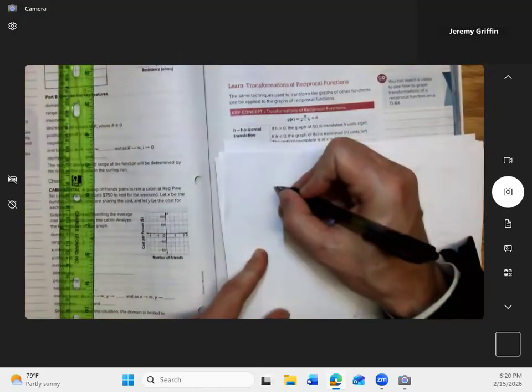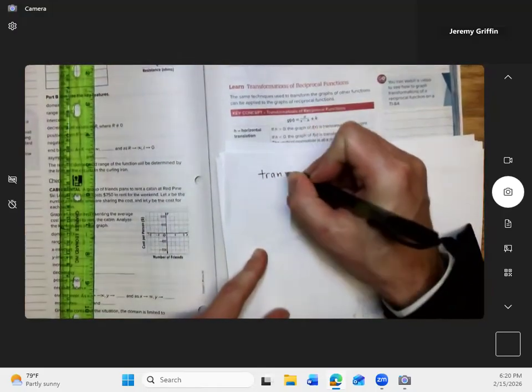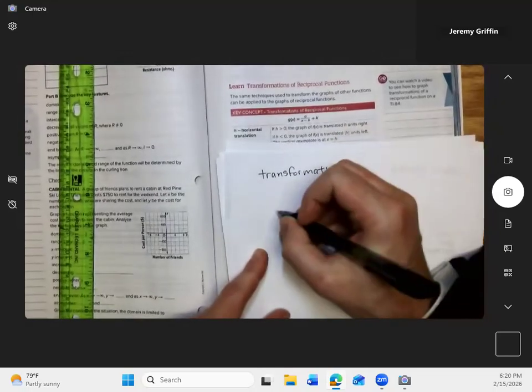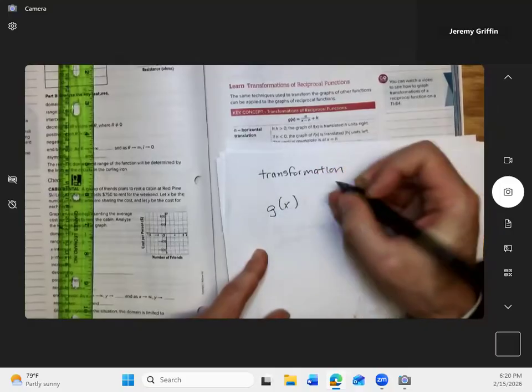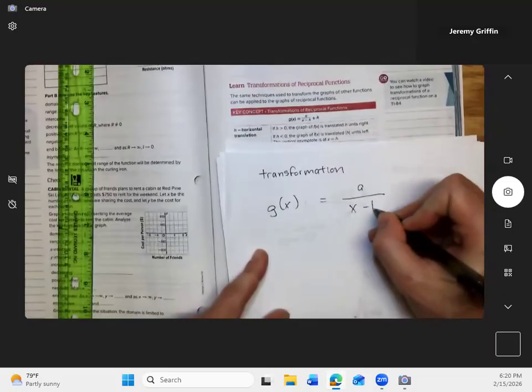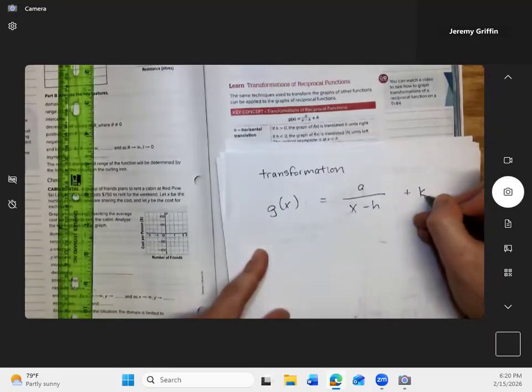I'll call this transformations, and we'll get g of x based on f of x. So we have some vertical stretch factor a over x minus h and the whole thing plus k.